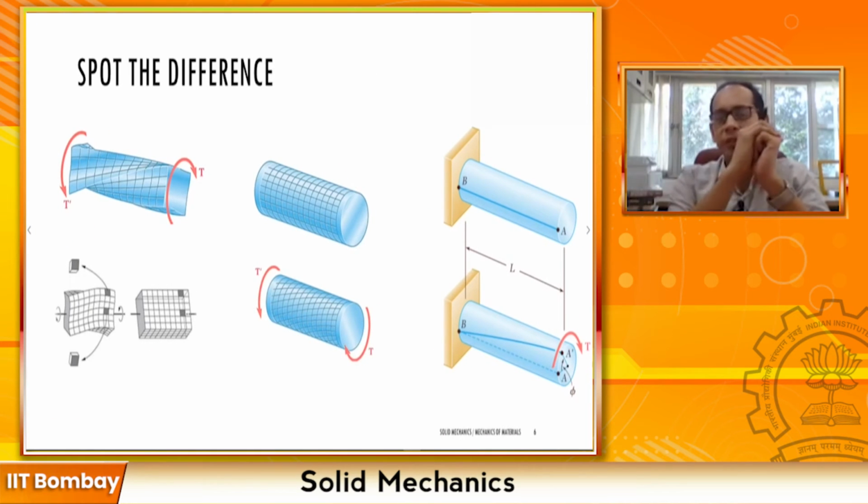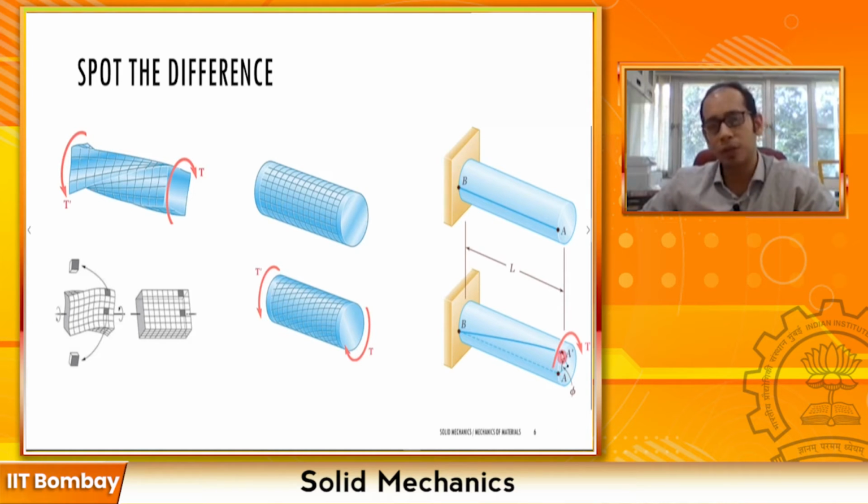Now a key difference between circular members and non-circular members, and why on a basic course of solid mechanics we study circular members, right? This is what we just saw, that points on the circumference move along the same circumference. But if you are looking at a rectangular member, a non-circular cross section and a completely solid member, when you're applying the torque, the torsion force, you will see a particular phenomenon which happens. For example, you see these points over here.